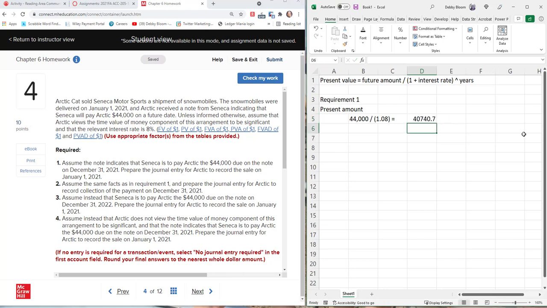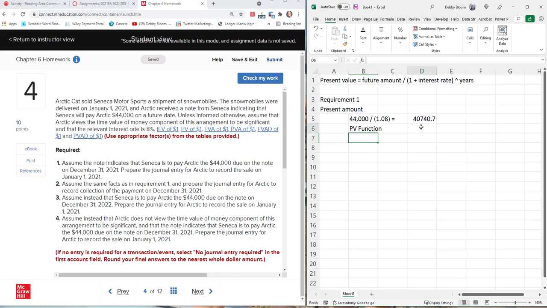So we get 40,740.7, and they told us to round our final answers to the nearest whole dollar amount. We can actually even use Excel to round it if that's what we want, but we know that's 40,741.